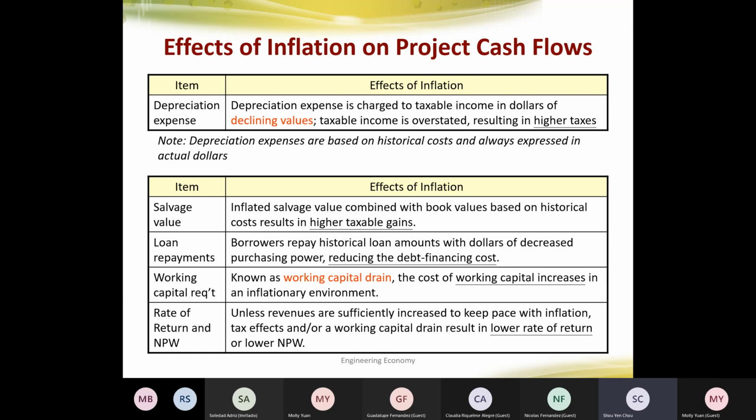So you can read through them and think about it, but basically it follows very simple logic. That is, in the future, usually we have inflation.